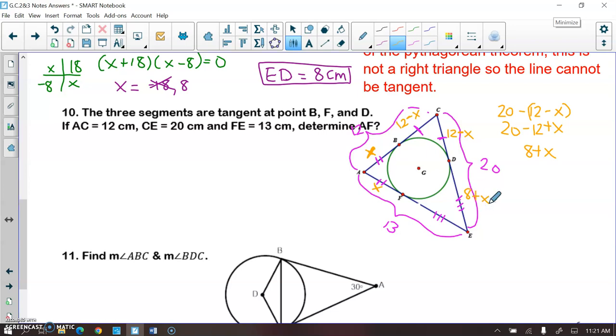If DE is 8 plus x, then EF should also be 8 plus x. And so now, if I'm trying to find AF, which is x, if I take x and add it to 8 plus x, that would give me my whole length AE, which is 13.